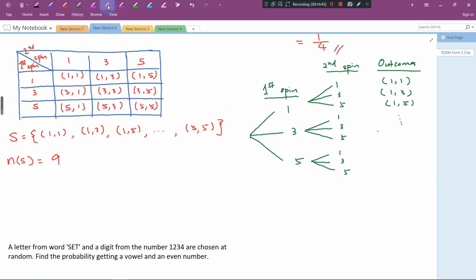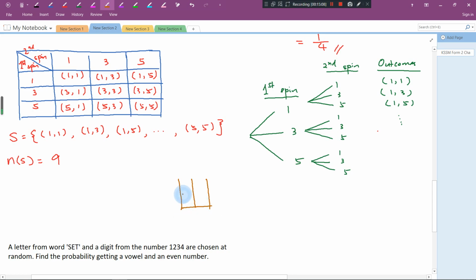which is this. First spin, you have 3 possible outcomes, right? 3 possibilities, 1, 3, and 5. You draw 3 vertical lines. 1, 2, 3. And the second time you spin it, you also have 3 possibilities.